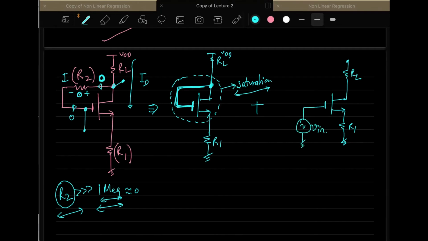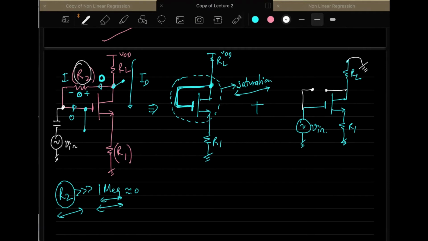Because you will be applying a capacitor here, and then you will apply an AC signal V in. Once you put this resistor R2 very high, it gives a feeling to this AC circuit that it's an open circuit here, and this will be grounded.